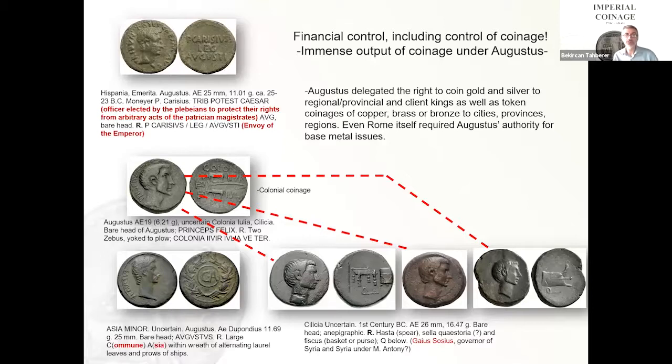So the coins are usually found in that eastern Cilician part. But of course, it only says a colonia founded by the Julian family. And we have his image on the obverse.